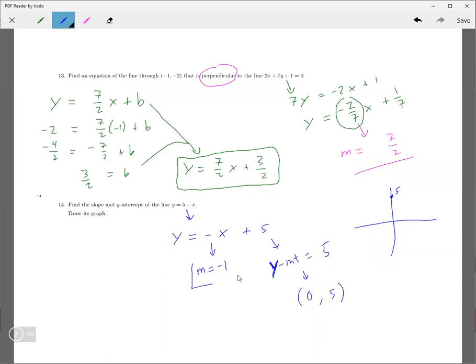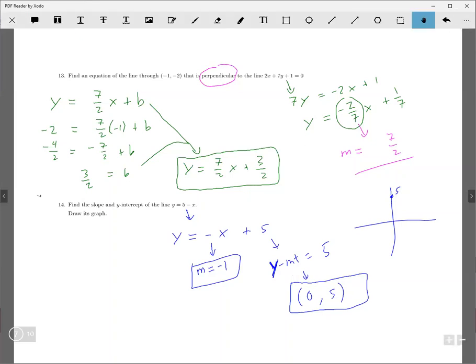Okay, so those will be the 2 answers there. Okay, now they also want you to graph this. And so let's go to Webassign.